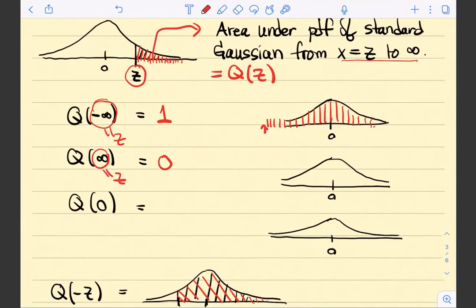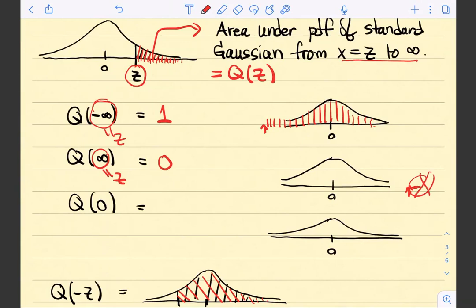Where's infinity? It's way out here. Look at my marker there. So there's nothing to the right, nothing out here. There's no area under the curve, so that's why it's equal to 0.